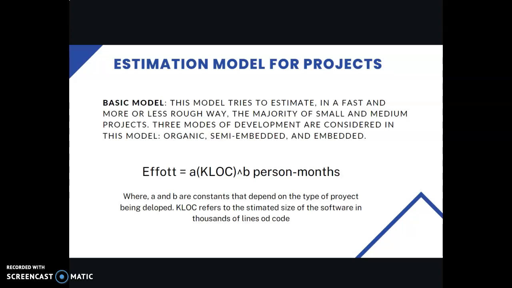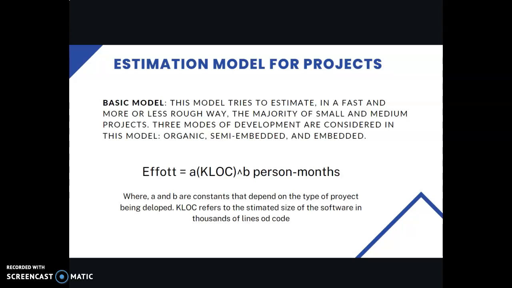The first model is the basic model. This model tries to estimate in a fast and more or less rough way the majority of small and medium projects. Three modes of development are considered in this model: organic, semi-embedded, and embedded.